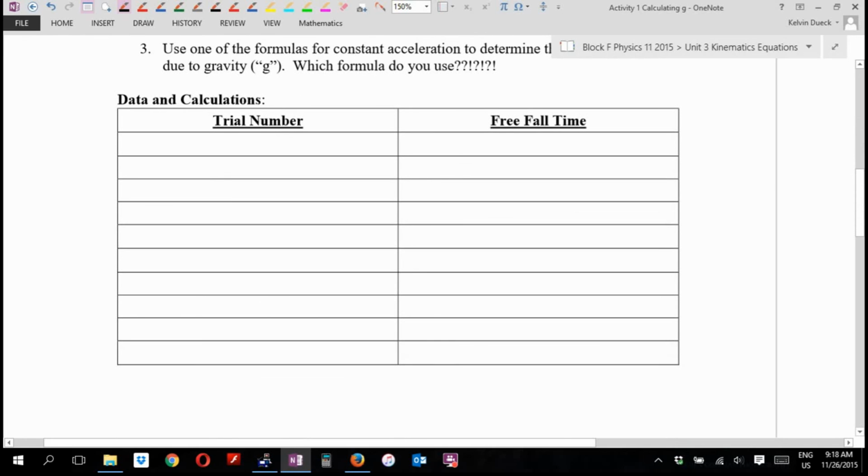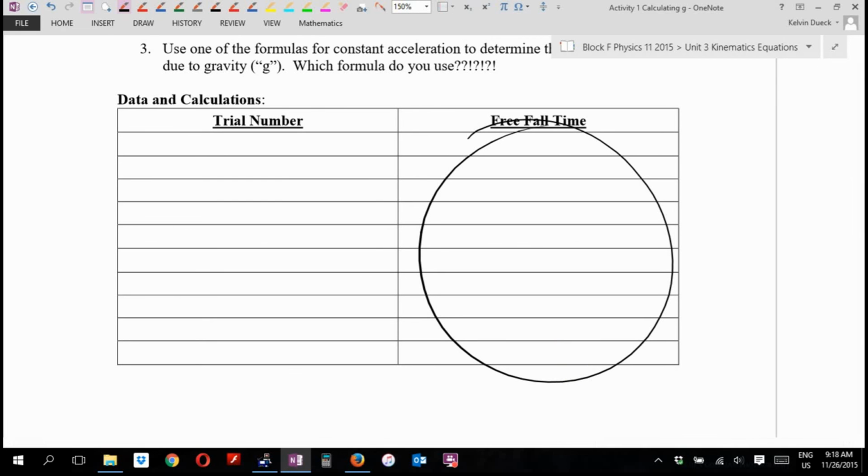First thing you want to do is get an average free fall time. So you got 10 times here. Add them all up. First of all, if there's any that seem way off, cross them out and don't use them. If all my times are like 0.9, 0.9, 0.9, 3.6, don't use the 3.6.